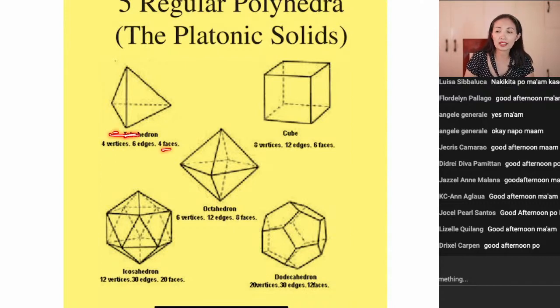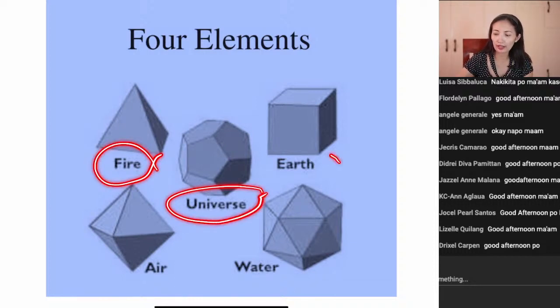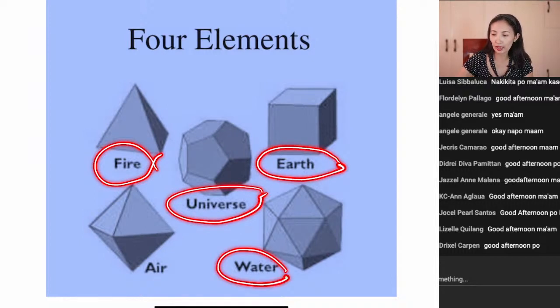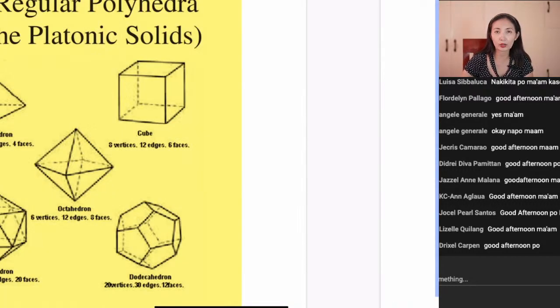And we consider these the Platonic solids, which are representative of the 4 elements. According to Plato, the tetrahedron is for fire, the cube is earth, the icosahedron is for water, and air is for the octahedron.